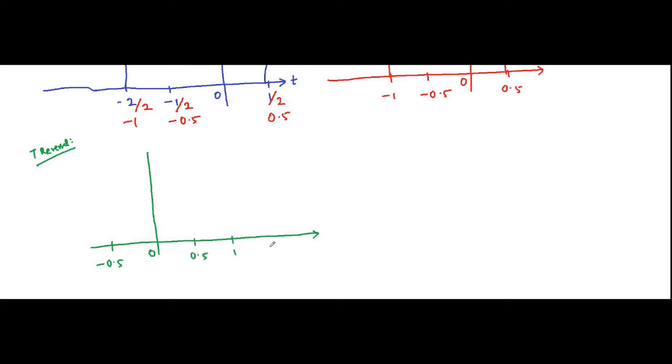One, 1.5, this is t. Nothing will change on the amplitude side, 3, 6, 9.